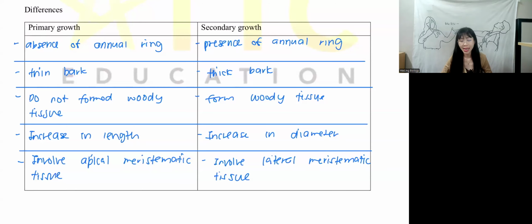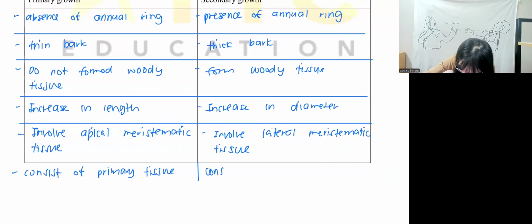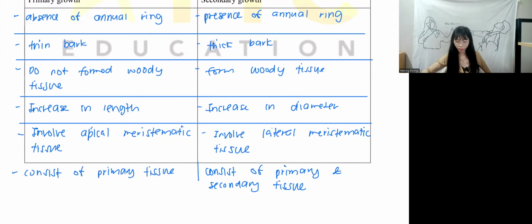The other one has primary and secondary xylem and phloem. Sorry, got one more. 6, right? This is 5 only. This one consists of primary tissue. This one consists of primary and secondary tissue.